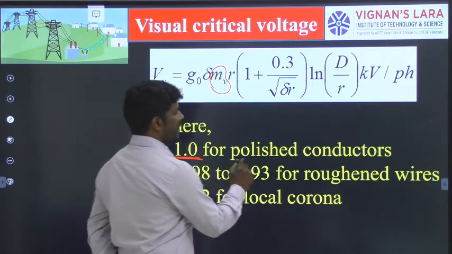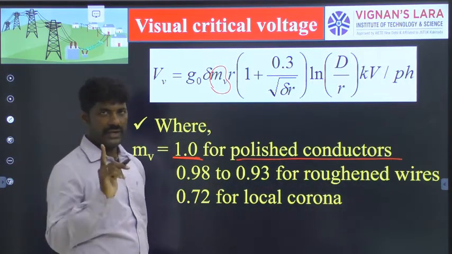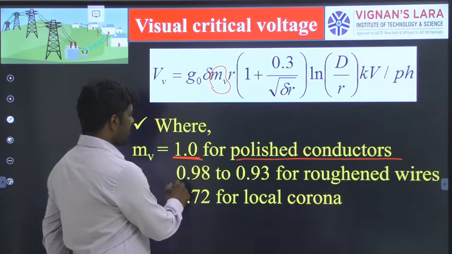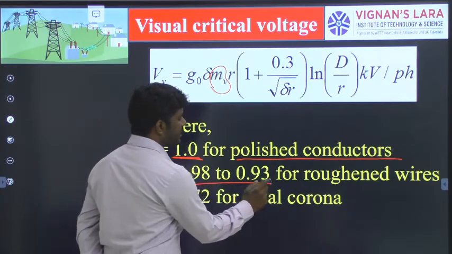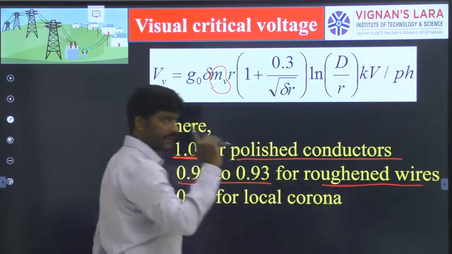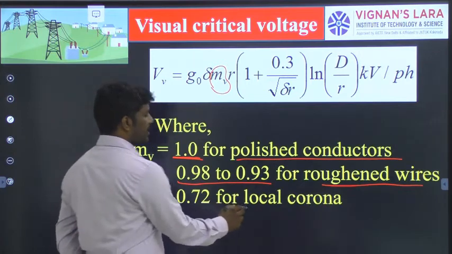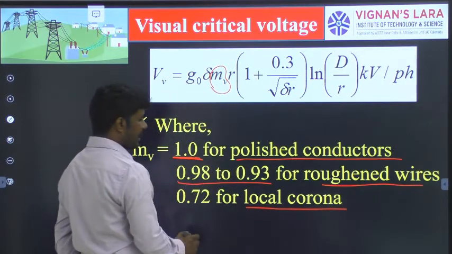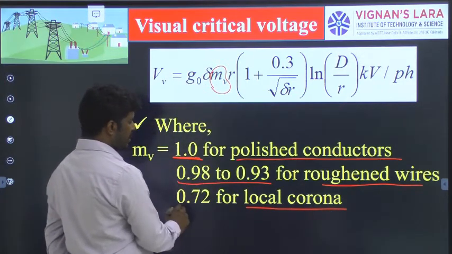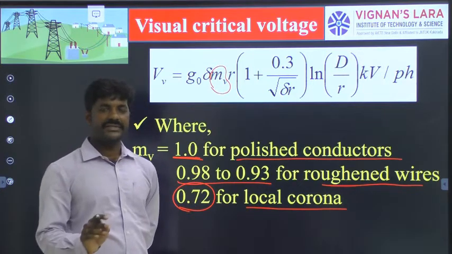The MV range varies between 0.98 to 0.93 for roughened wires, similar to the previous case. And for local corona and general corona, for local corona we will take the MV value to be 0.72.